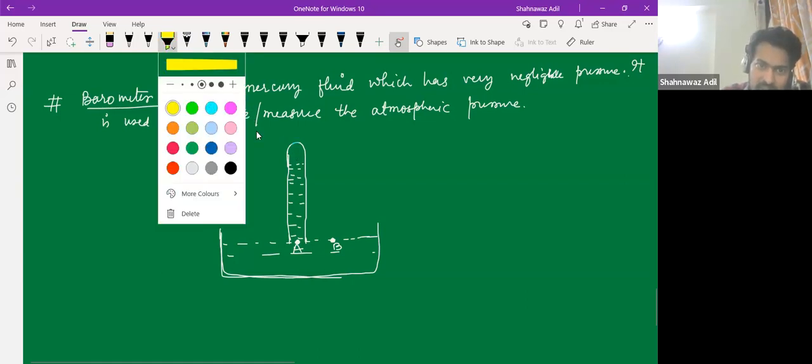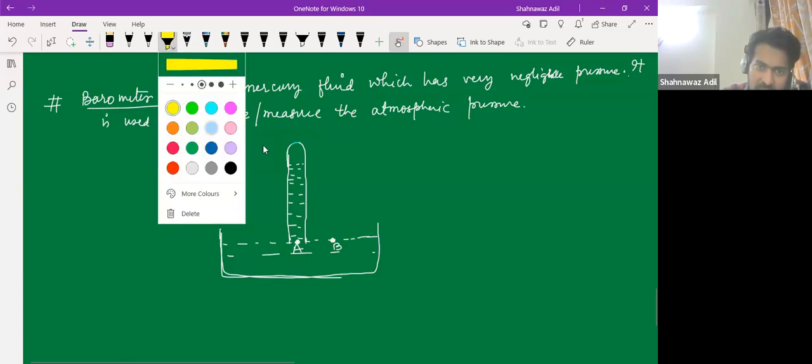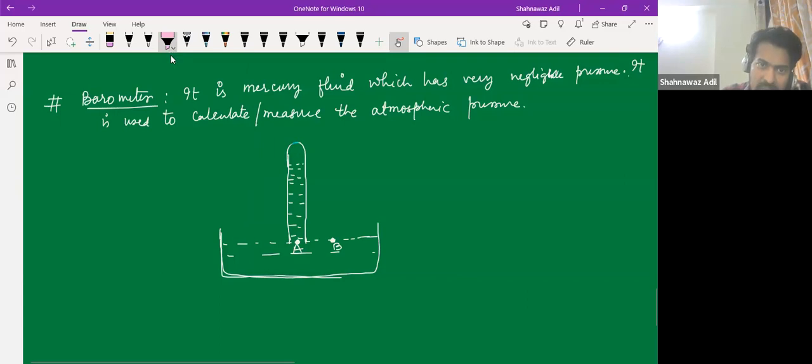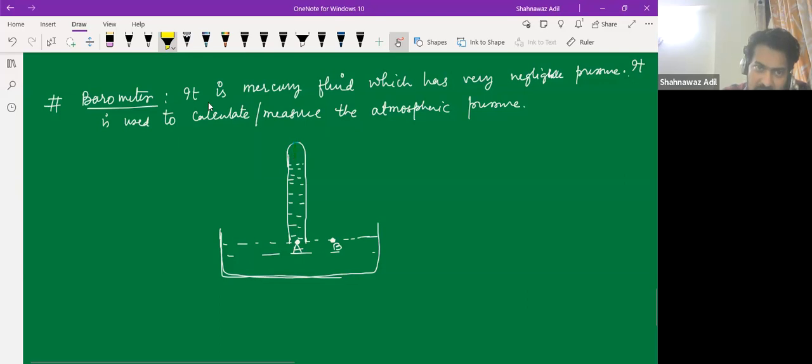So this region has mercury in vapor phase, and let's say it has some pressure P, the pressure by mercury vapors.